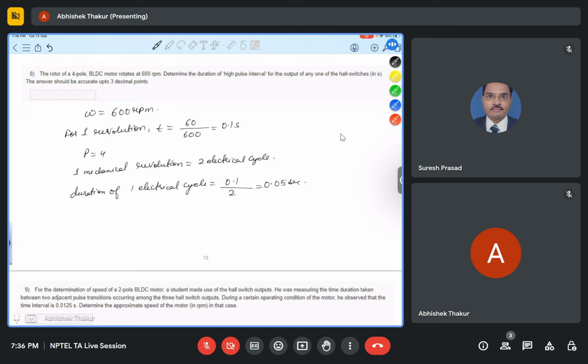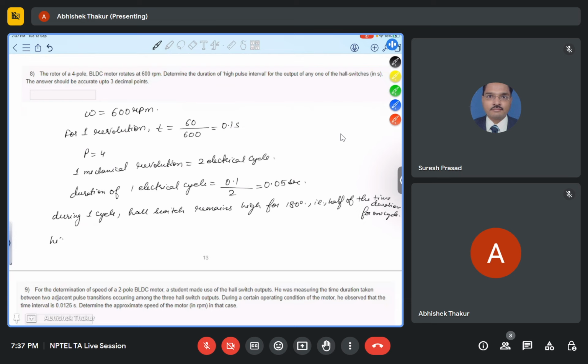Now the Hall switch output remains high during 180 degrees of an electrical cycle. So during one cycle, the Hall switch remains high for 180 degrees, that is half of the time duration for one cycle.